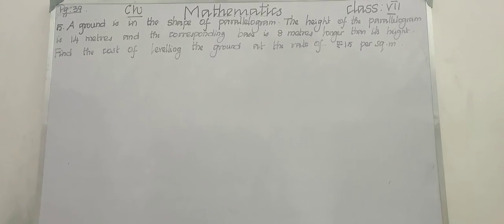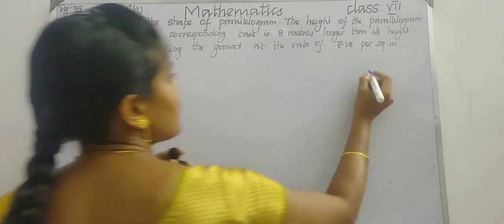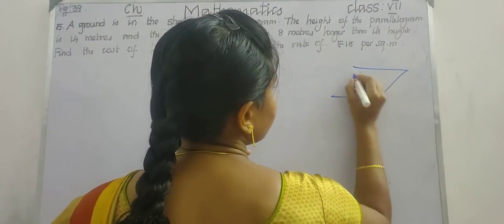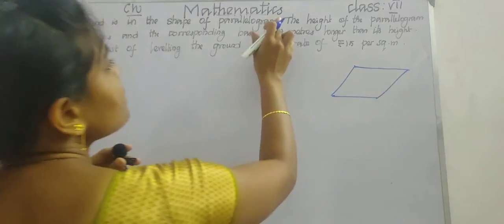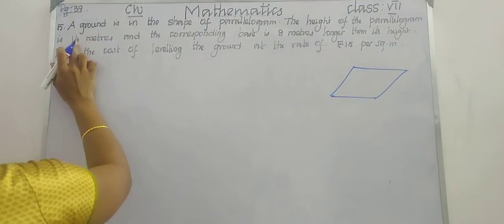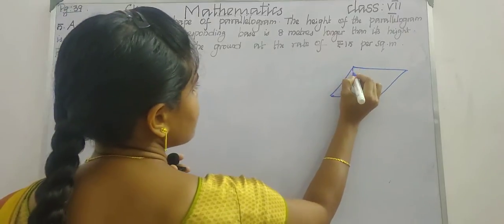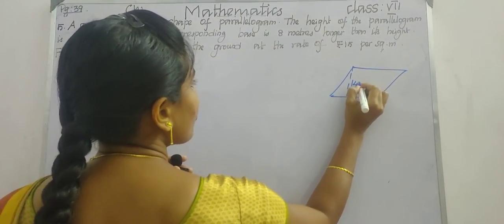Okay, children, let us read the 5th question. A ground is in the shape of a parallelogram. The height of the parallelogram is 14 meters. Height is given, it is 14 meters.